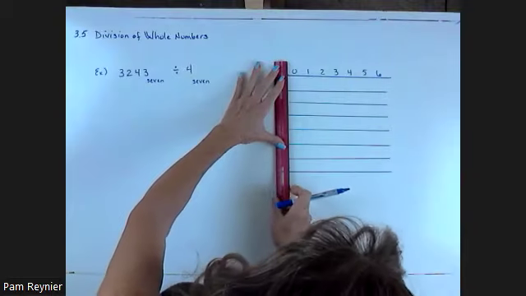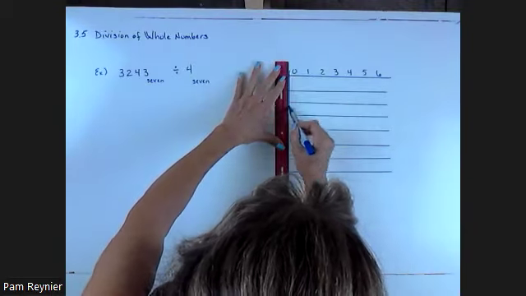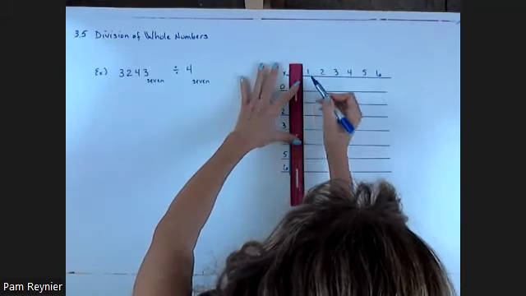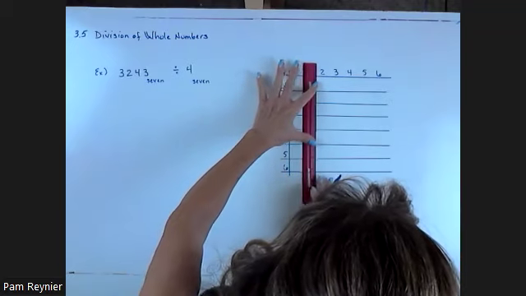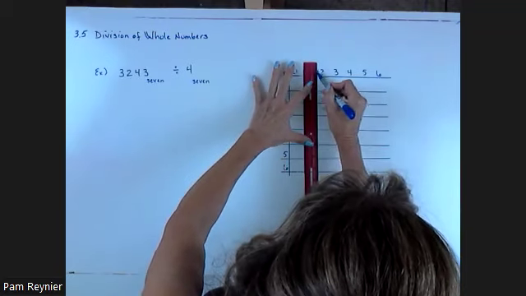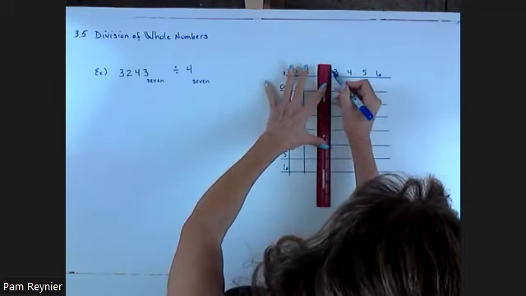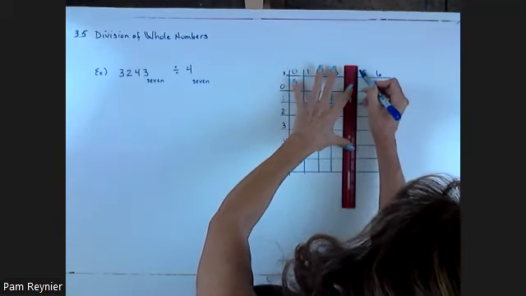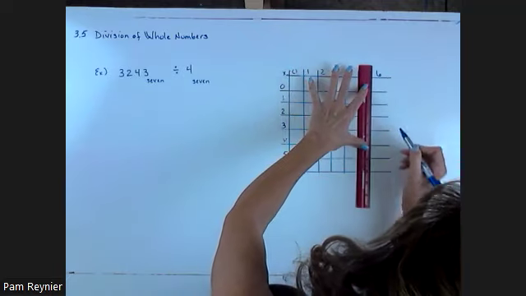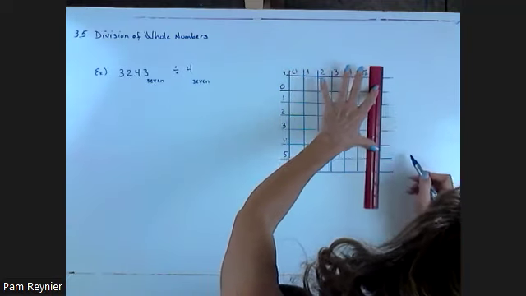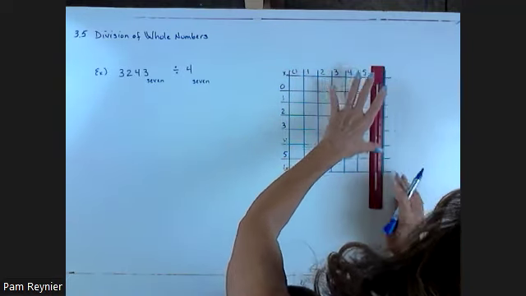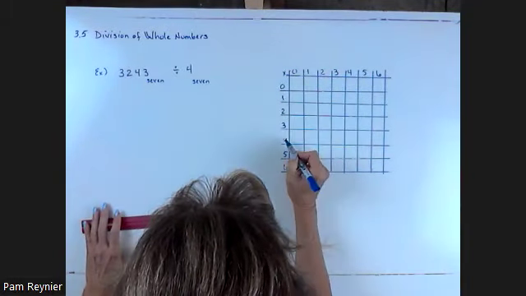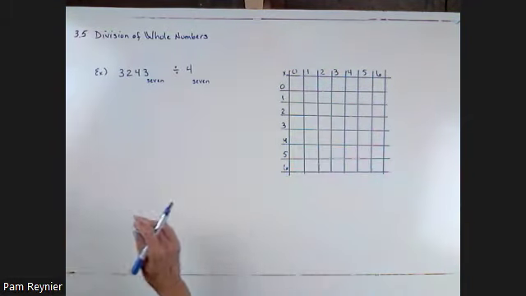Practice is always a good thing. Let's see if this is going to work. Of course, I'm erasing some of my own lines, the whiteboard pen, but I think you have the idea. That's a 1, 2, 3, 4, 5, 6.